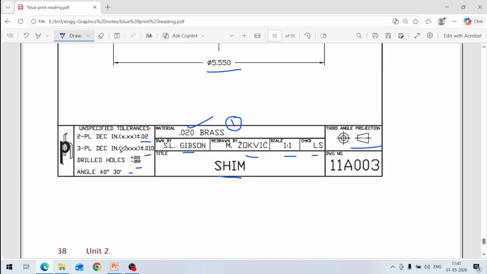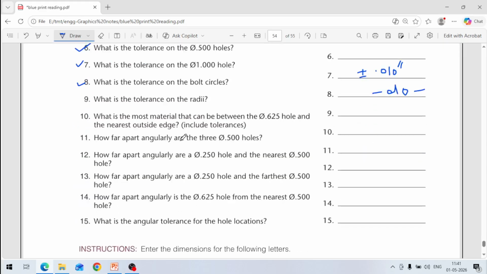For 2 digits, 2 places, it is plus minus 0.02 inch. So it is plus minus 0.02 inch. So this is the tolerance on radii.